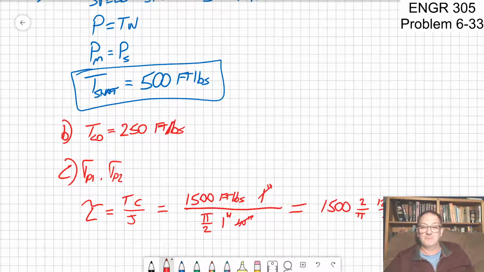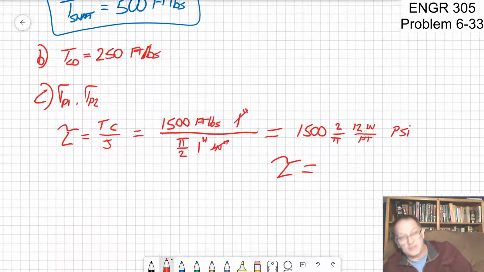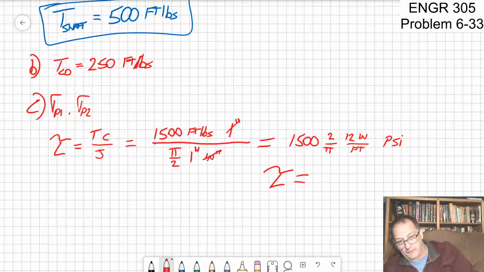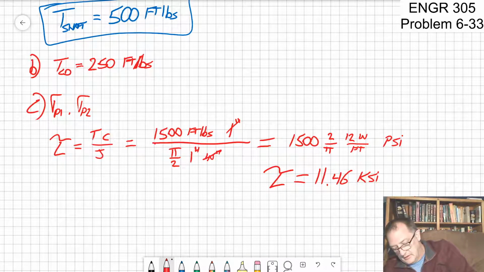That is going to be equal to the shear, which is 11.46 KSI. Sorry, that's KSI, I dropped a 0 there. And if you remember Mohr's circle, this is going to be tau max.